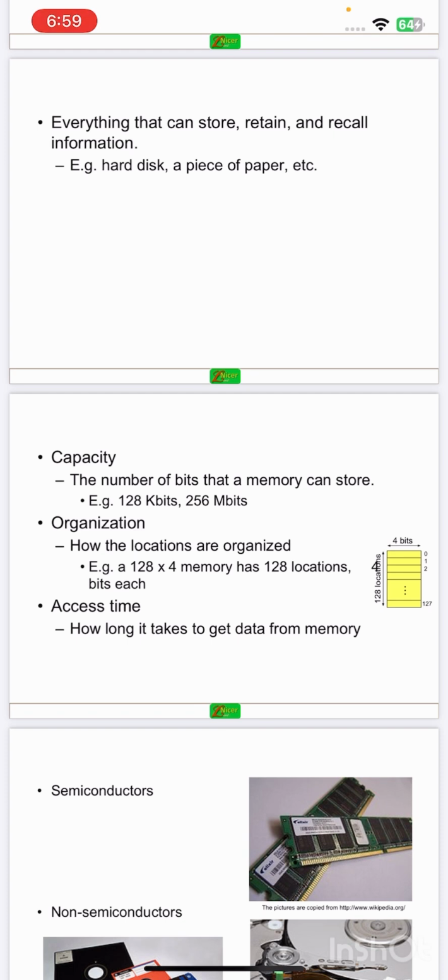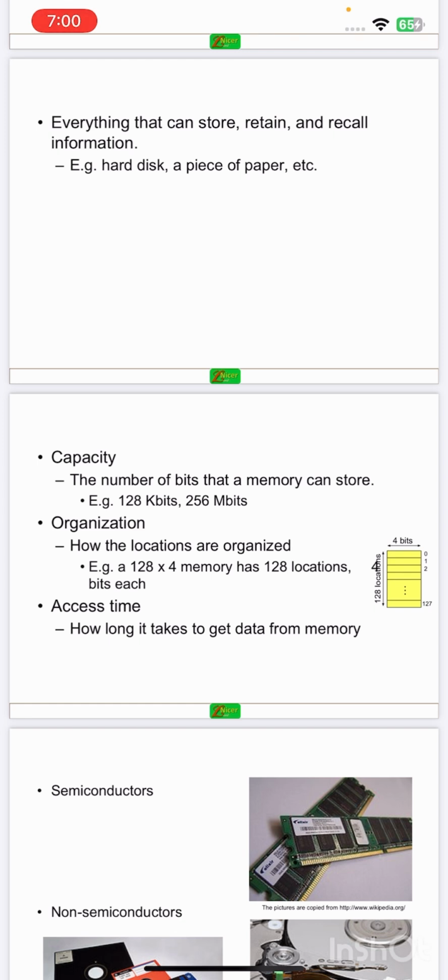Now talking about organization. Organization is storing the data in different bits. As we learned in the DLD course, in bits our data is in 1 or 0 form, binary form.